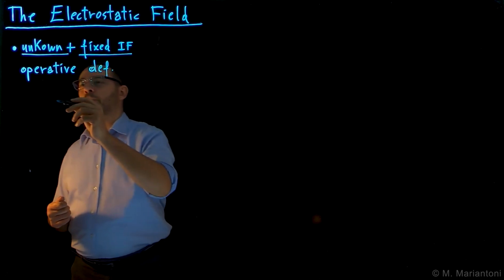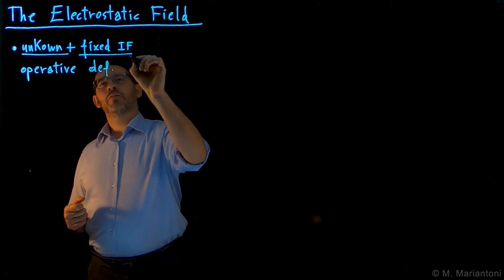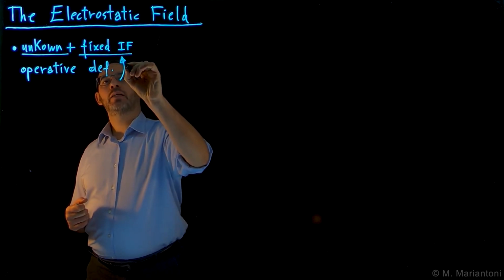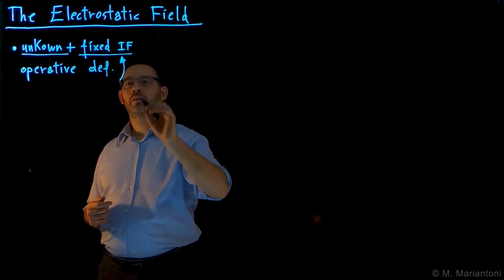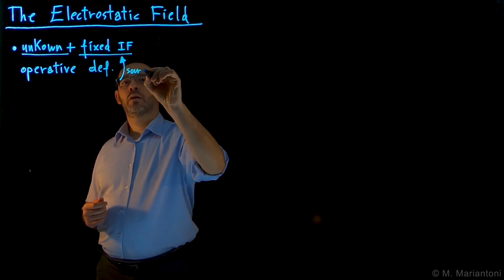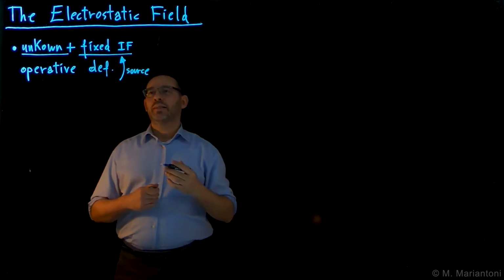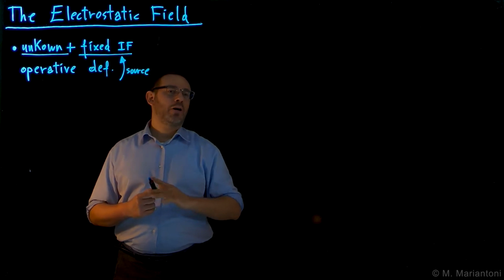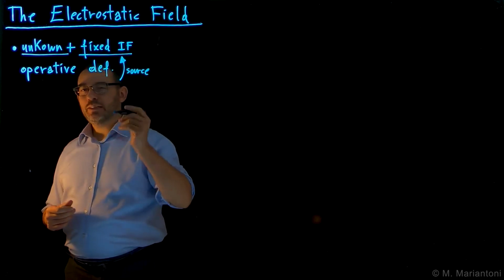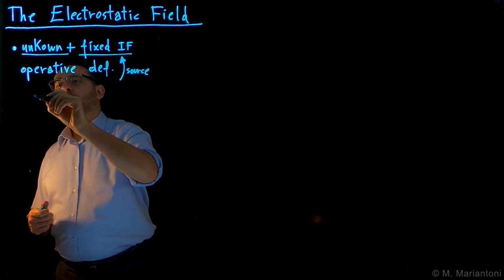So in this case, since the source charges are fixed in space, there is an independence from the charge Q naught, and this will become clear in the next point.